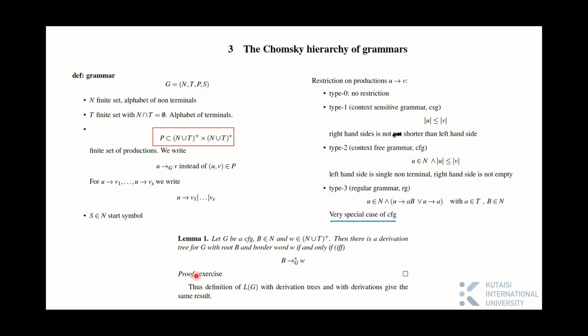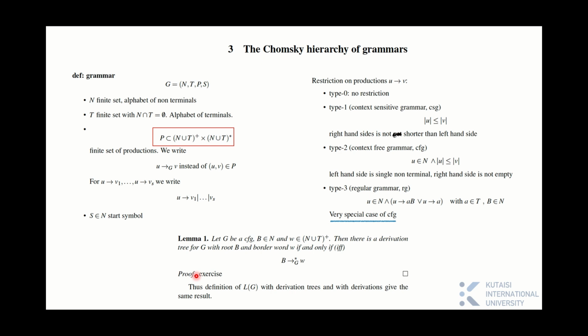The productions are the rules that you're using to produce your strings. So this is a general grammar. If you put no restrictions on your grammar whatsoever, you call your grammar type 0. The hierarchy comes from the fact that these are included in each other. Type 0 is the most general one.